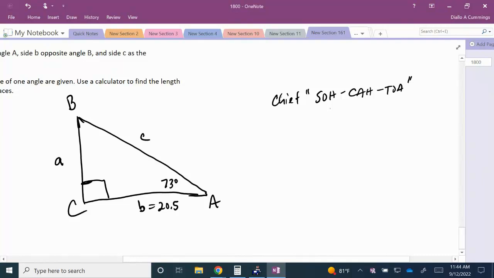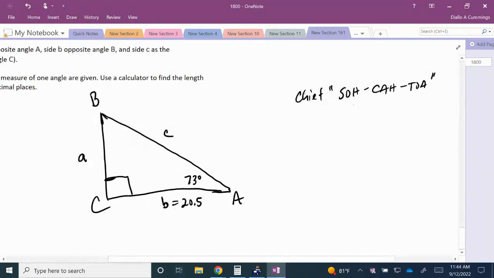So before we label any of our sides, we need to pick a reference angle. We never use C as the reference angle. We're going to use either angle A or angle B. We're going to choose the reference angle depending upon either what we're given or what we're asked to find.